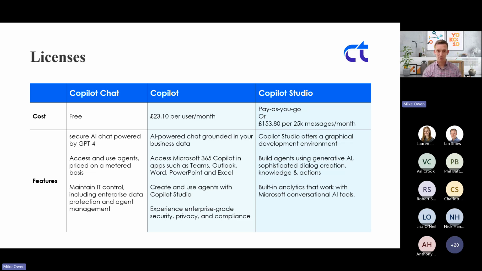The documentation does explain a little bit more how those messages are allocated, but just be aware if you're going to be trialing this, you might want to start with the pay-as-you-go until you start reaching a higher message count, and that's your breakpoint between, should I stay pay-as-you-go or should I actually buy a license for Copilot Studio?